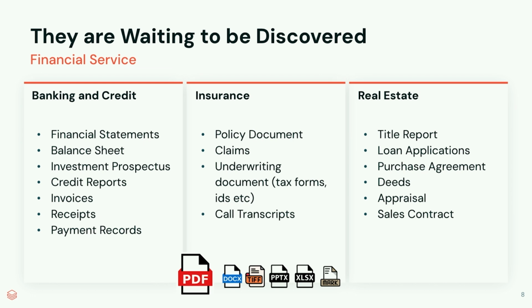In banking, you think of financial statements, balance sheets, receipts; insurance, claims, policy documents, transcripts; real estate with loan documents, loan applications, appraisals. How many of you did a refinance lately? Or I guess interest rates are too high, but last time I did a refinance, it was very painful.